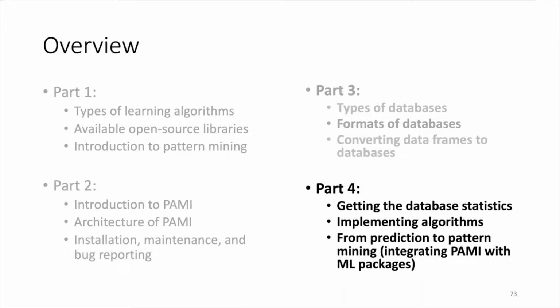In the final part, that is part 4, we will look at the demos of our PAMI software. So the first one is we will discuss how to get the statistics of a database. Means how the item frequencies are, how many number of transactions exist in the database, and many other statistical details.